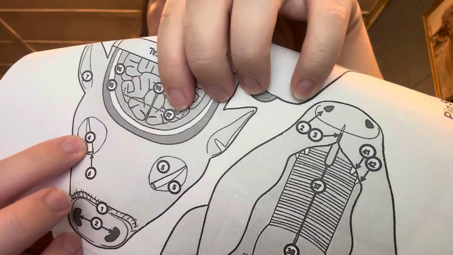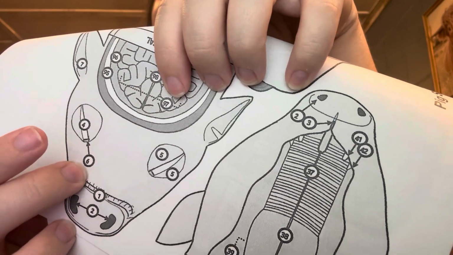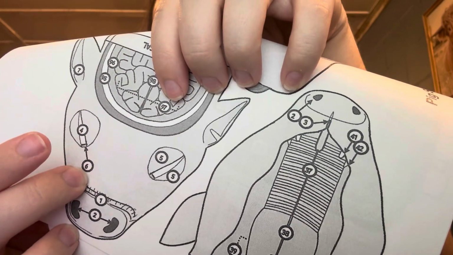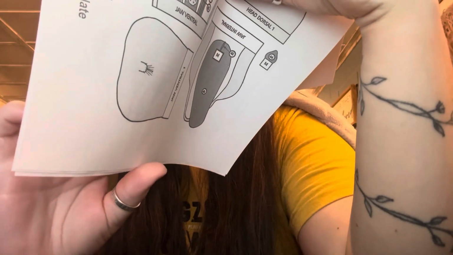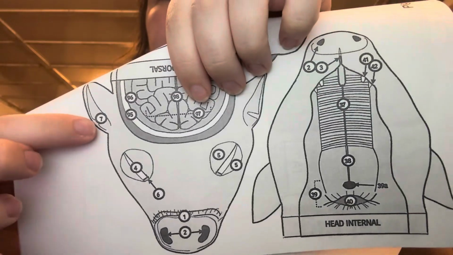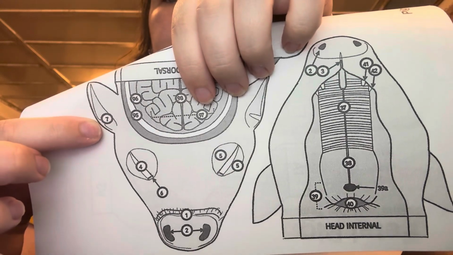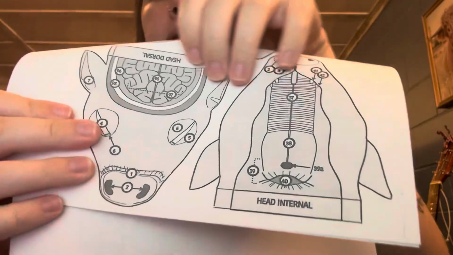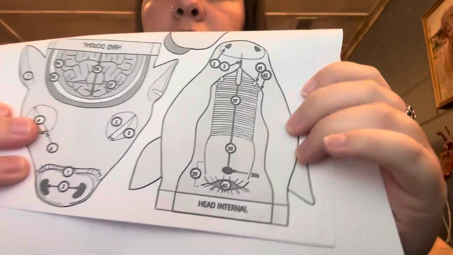This is the eyes, and this is the nictitating membrane. This is the pinna, and then we will do the internal head.